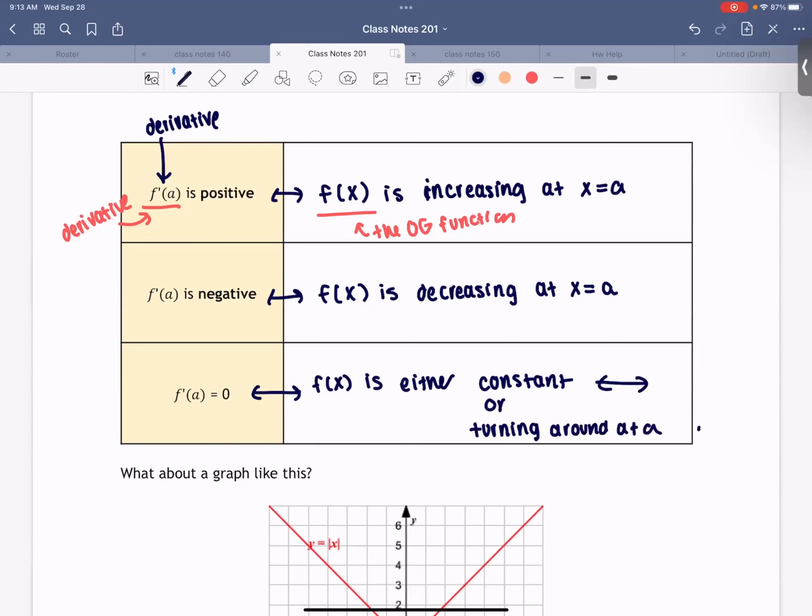Okay, so it's either doing this or it's doing that. Any questions so far? We have a one. Yes. Should we just do that? Okay, so we're all good with how the derivative turns into increasing, decreasing, or constant, right?